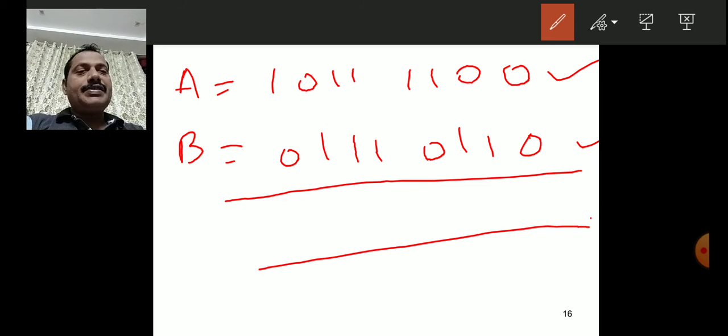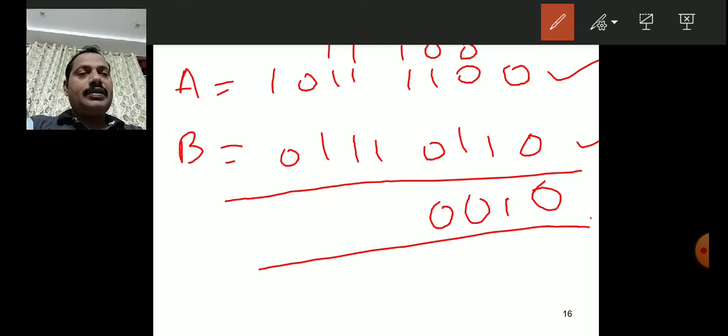For this, 0 plus 0, carry 0, sum 0. 0 plus 0 plus 1, carry 0, sum 1. 0 plus 1 plus 1, carry 1, sum 0. 1 plus 1 plus 0, carry 1, sum 0. 1 plus 1 plus 1, carry 1, sum 1.